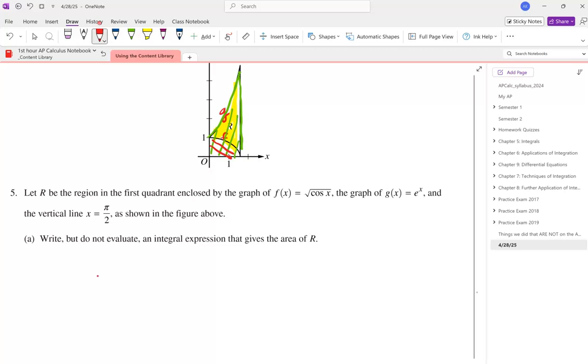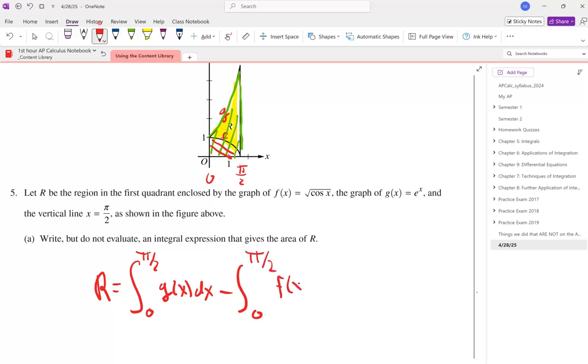Sound good with that? So the area of R is going to be the integral from, we're starting at 0 and ending at pi over 2, of the function on top, that's g of x, and then we'll subtract out the area under f of x over the same interval.